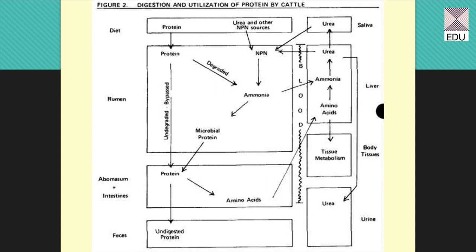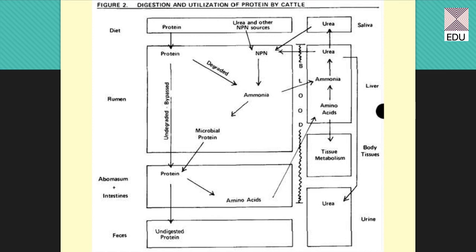After the rumen, when it goes to the abomasum, it is converted into protein, and this protein is broken down into amino acids, and the protein which is undigested is given out in the feces. It is denoted on the very lower side.